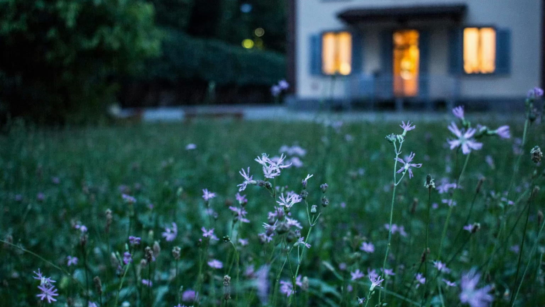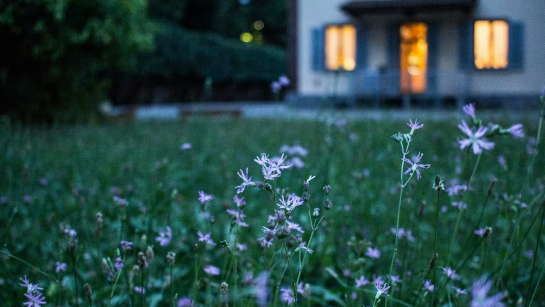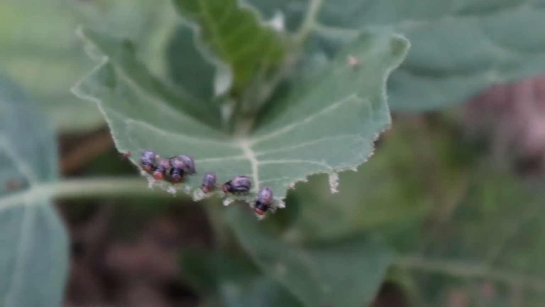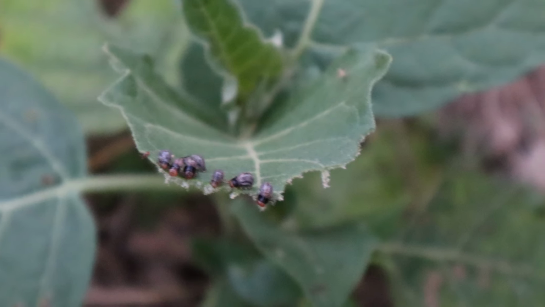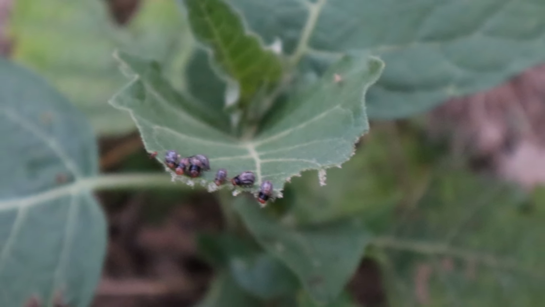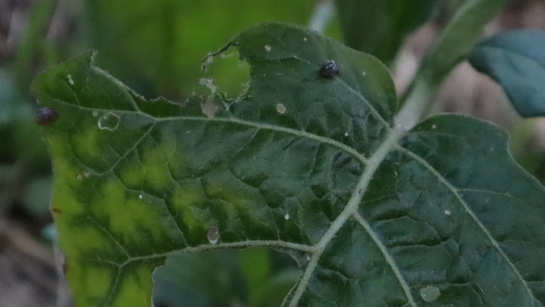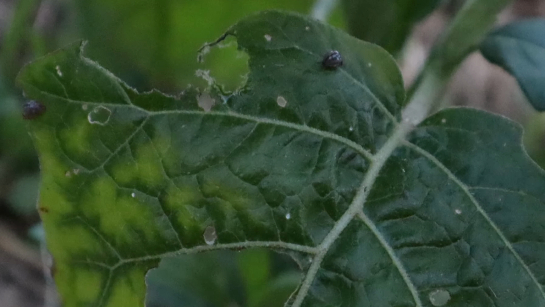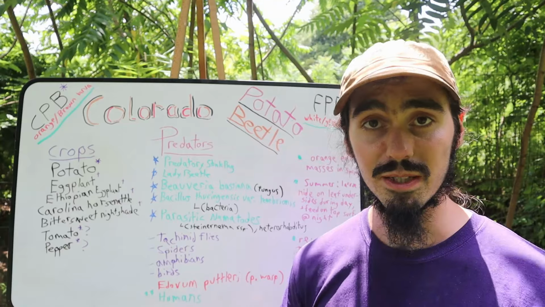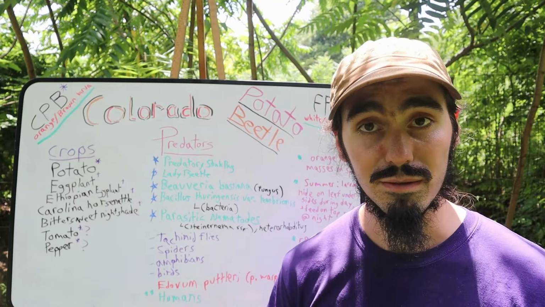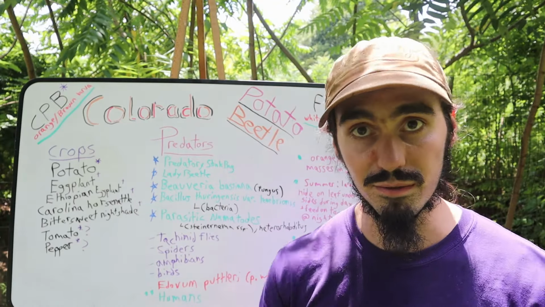So that's a really good time to go out into the field and observe if these insects are really a problem. If you just take a glance during the day, you might be deceived. But during that late evening, nighttime, that's when you're really going to see how many beetle larvae there actually are. And it can also be a good time to pick them off easily, right? You don't have to go hunting for them.